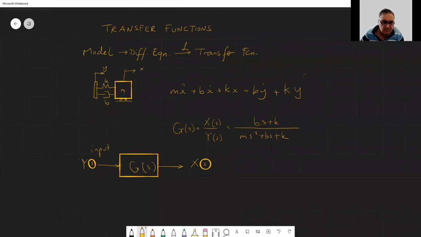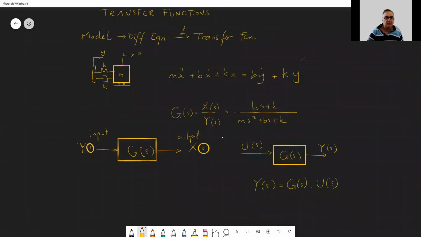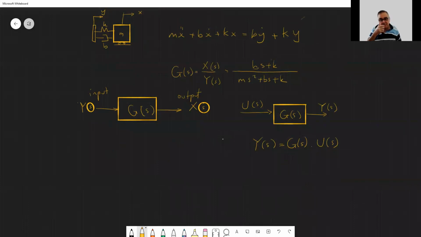In general, the notation we use is u as the input, g as the transfer function, and y as the output. So Y of s equals G of s times U of s. The input multiplies the transfer function, and the transfer function gives us the output.